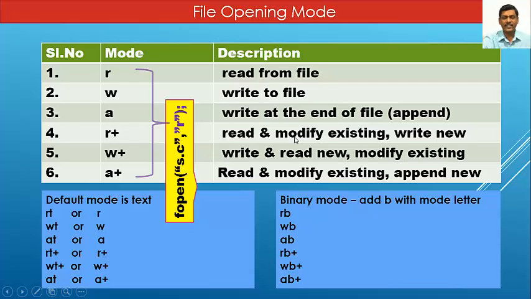Suppose we already created one file to store our addresses, and the file name is address.txt. In address.txt we stored 5 addresses, so it already has some data.